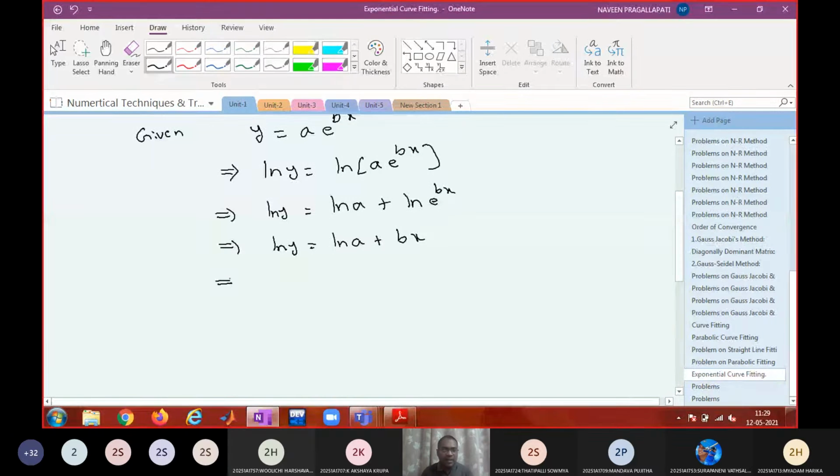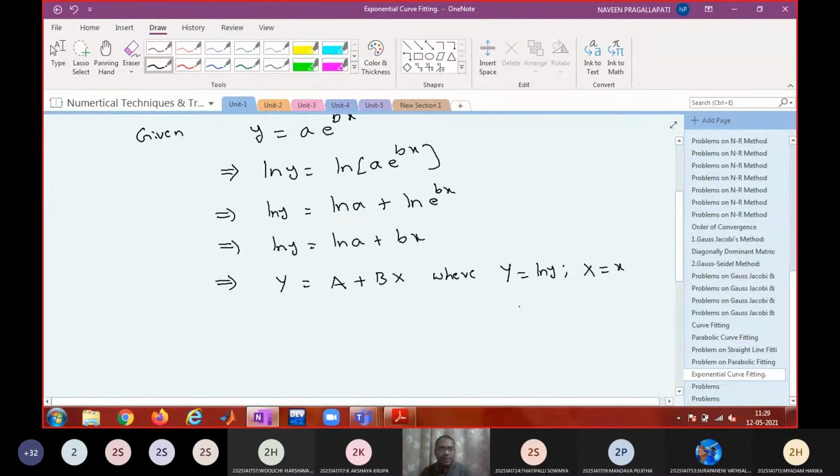Now for the time being I will say this as capital Y equal to A plus bx, where capital Y is ln y, and capital X is nothing but small x.